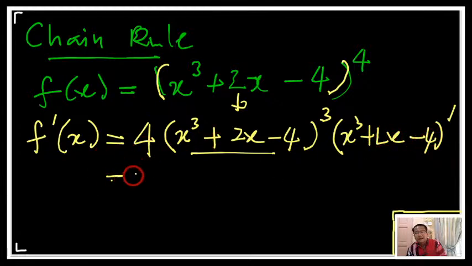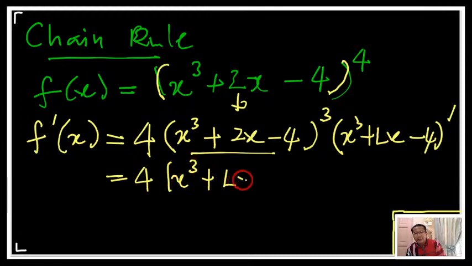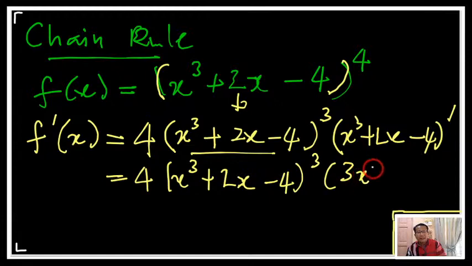So the answer is 4(x cubed + 2x - 4) to the power 3. The derivative of the inside is 3x squared plus 2. Finish.